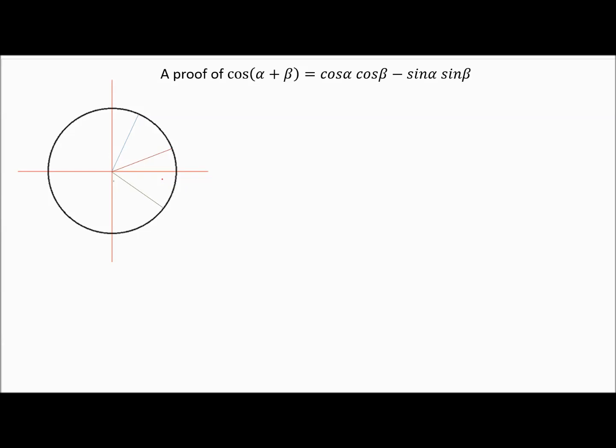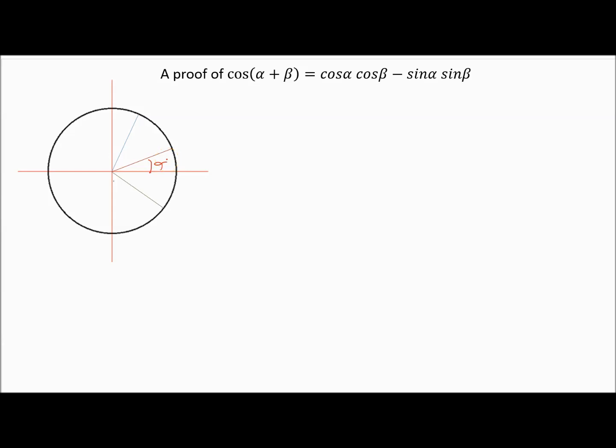But let's talk about what angles we have here. Now when you look at what we're trying to do, we're trying to prove that the cosine of alpha plus beta is cosine of alpha, cosine of beta, minus sine of alpha, sine of beta. Okay, so maybe on our unit circle we need an angle for alpha and an angle for beta. And I called alpha my smaller angle, so this angle right here, there's alpha, okay?